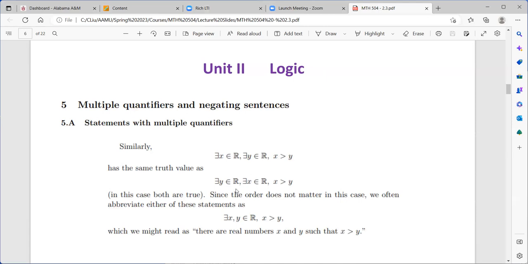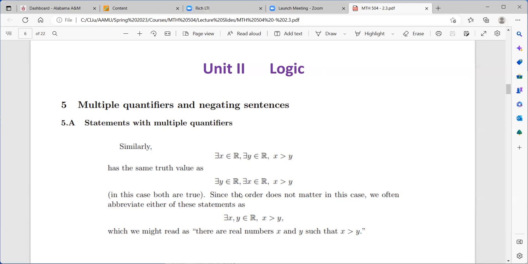Of course, you can find any pair of those numbers. Either you pick y or x first, doesn't matter. You can always find two numbers, one is greater than the other. So this is also true. They give the same truth value, so they're equivalent. So order is not important.